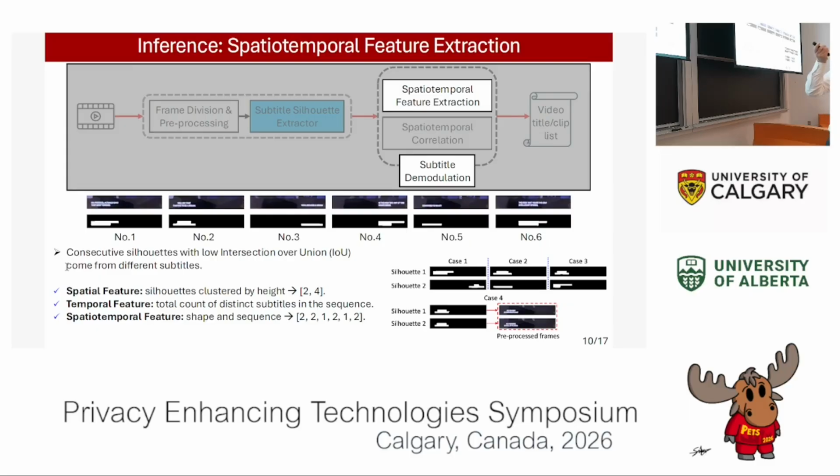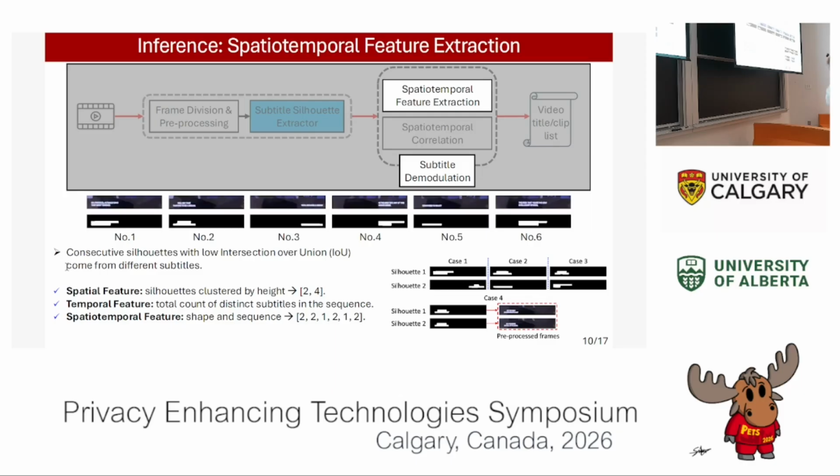Now, as that gives us six Silhouettes, we then extract the features. We extract the spatial feature and the temporal feature, and then we sort them based on the height. We can see we have 2 Silhouettes of lower height and 4 of longer height.